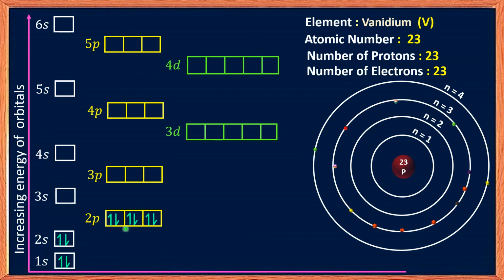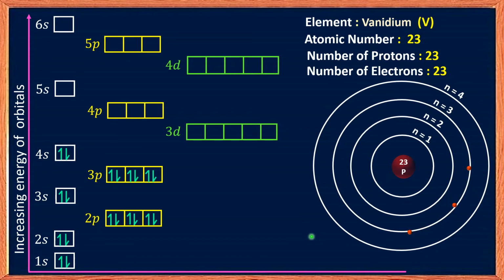Next, after filling the 2p orbital, electrons enter into 3s, 11th electron, 12th electron, 13, 14, 15, 16, 17, 18, 19, 20.